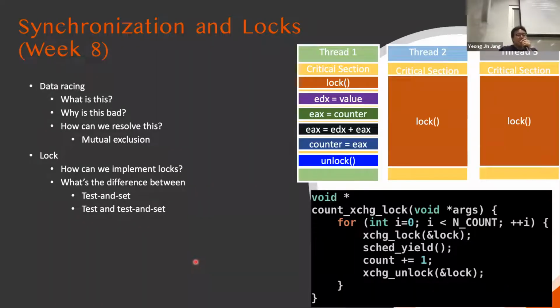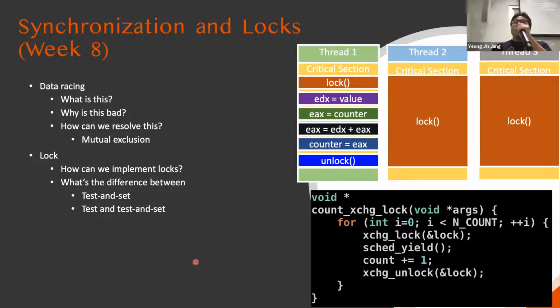And after learning about isolation a lot, we moved to synchronization. A data race is the case where two or more threads try to access the data, but if there are two or more writers, or one or more readers at the same time, then there could be a data race.